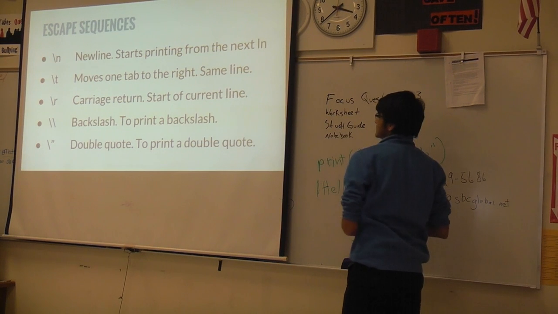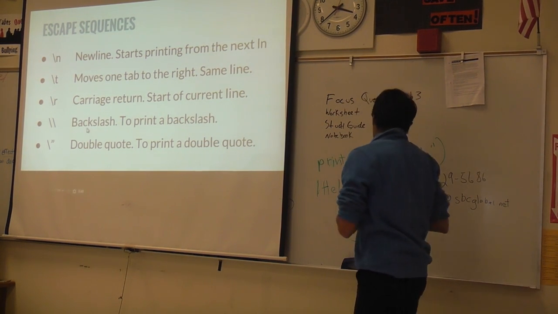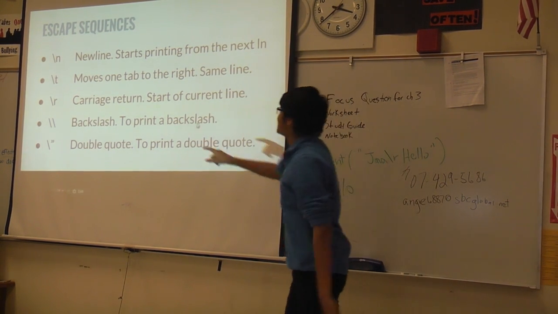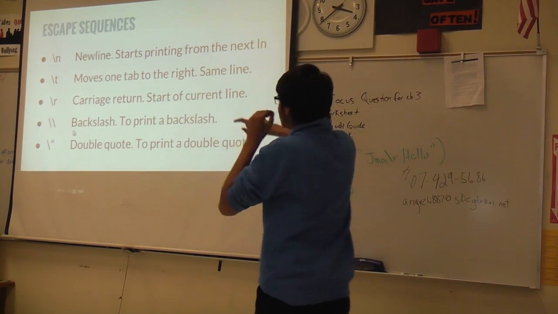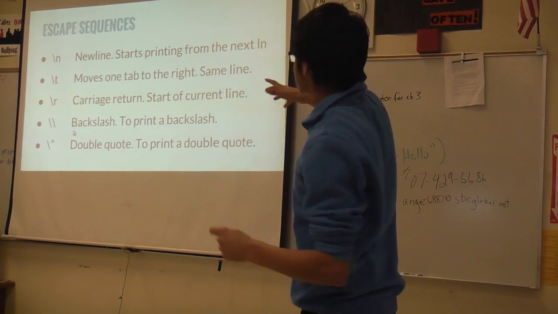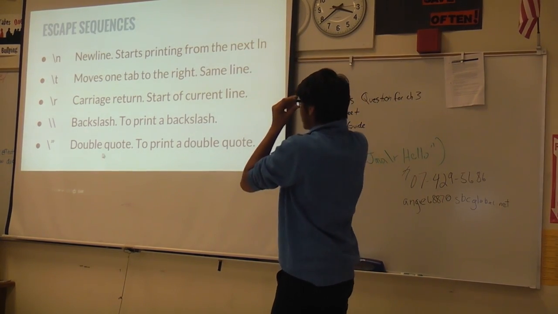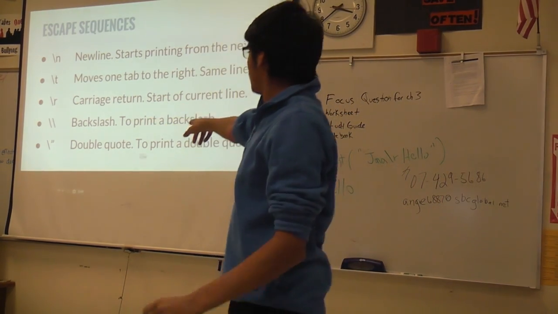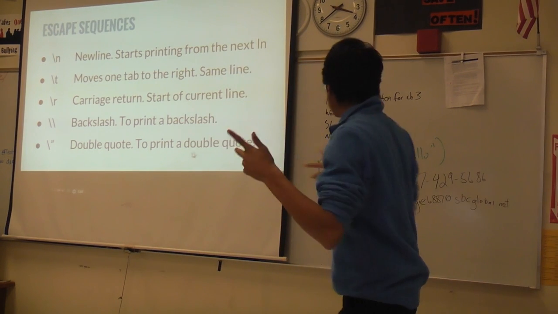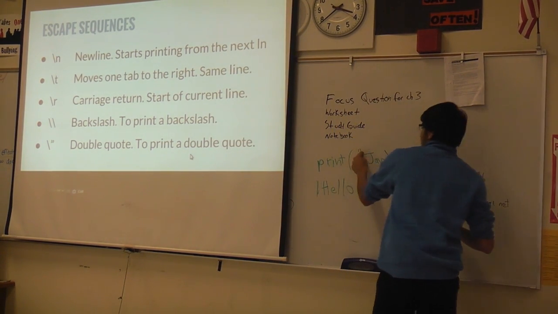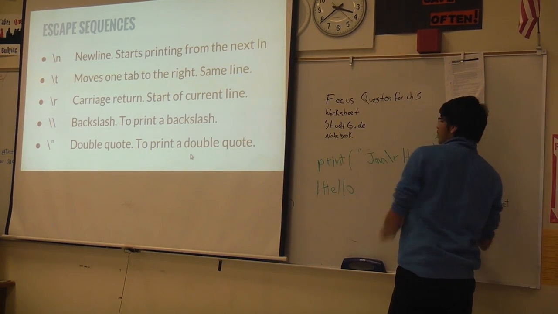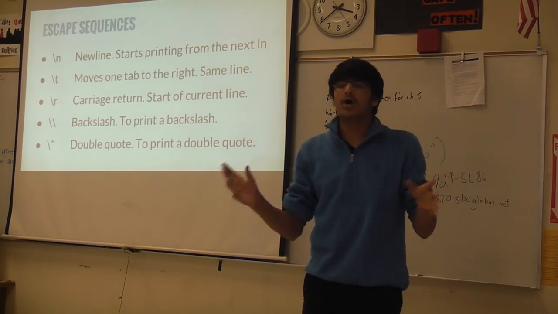The next one is \\, because the computer reads a backslash to be part of an escape sequence. If you put two backslashes, it'll actually print a backslash. And then the last one we have is \", because when you're printing something out, the computer interprets quotes as part of something called strings.